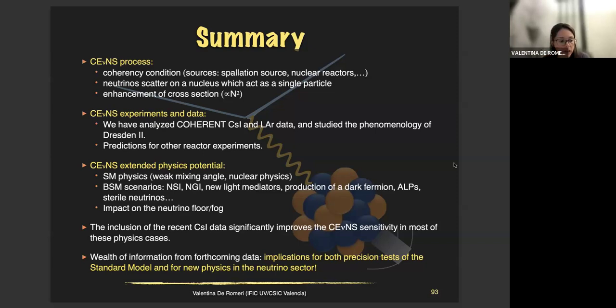Concerning nuclear physics, it is of course probably the least known part of this cross section. I don't know if your question was more related to this or to something else.